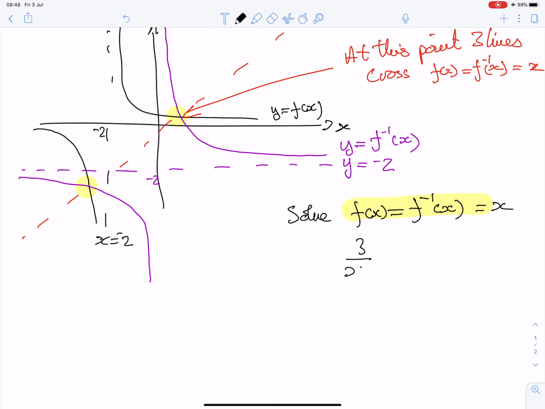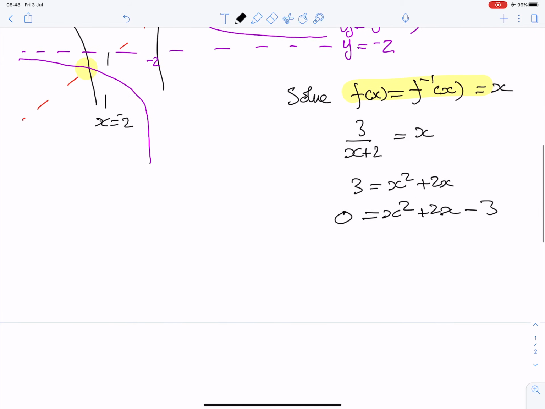So we get 3 over x plus 2 is equal to x, multiply up, so 3 equals x squared plus 2x, so 0 equals x squared plus 2x minus 3.